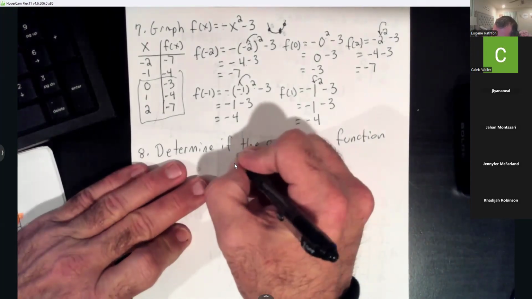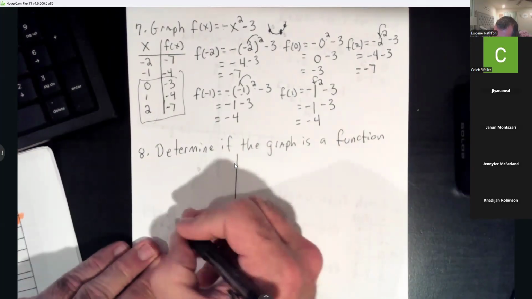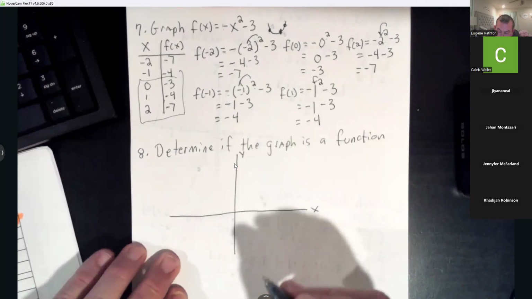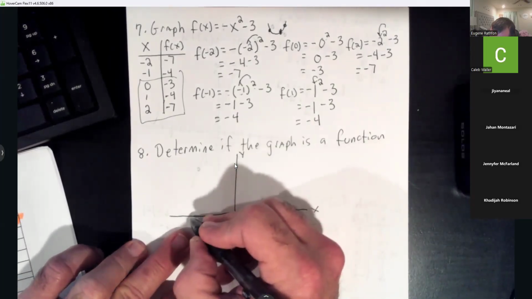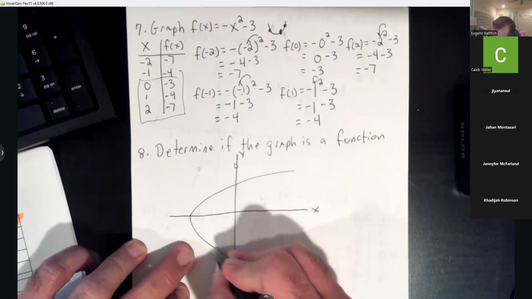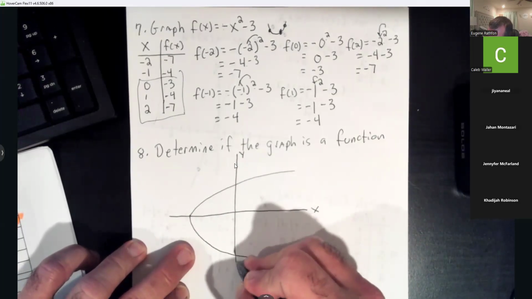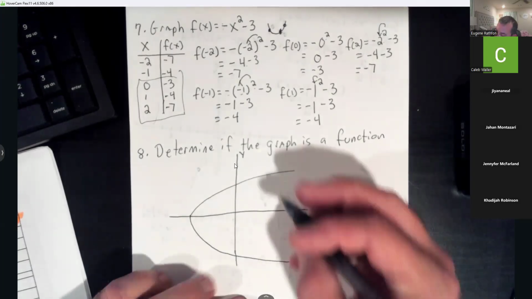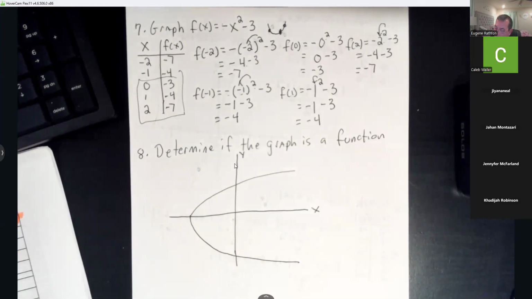All right, so my graph looks like, see, the graph they gave me looks like a sideways parabola. So let me ask y'all if this is a function. Oh, good job, y'all. That is definitely no. And the quickest way to tell is to draw a vertical line on that.